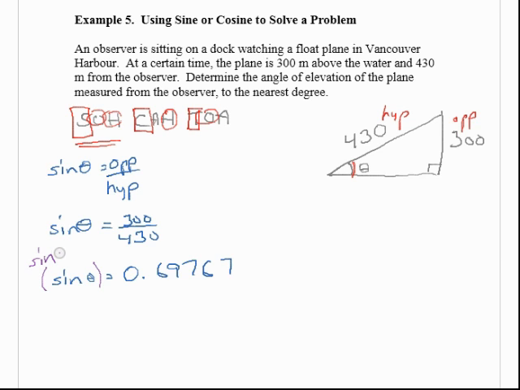Even though you might not write them all down, you need to keep them all there. You only round when you get to the last step, when you're writing out the answer. So now we'll go second sine, second answer. And I get theta equals 44.24, and it asks for the nearest degree, so theta equals 44 degrees. Okay, that's it.